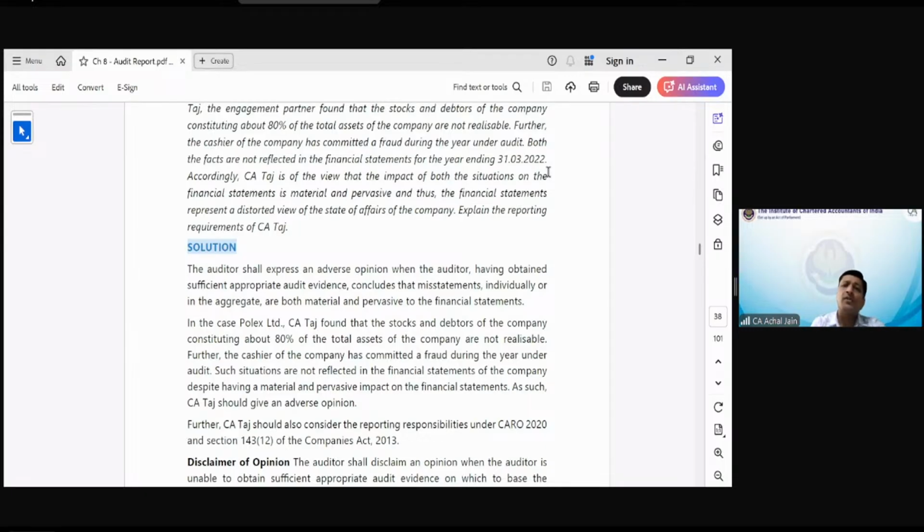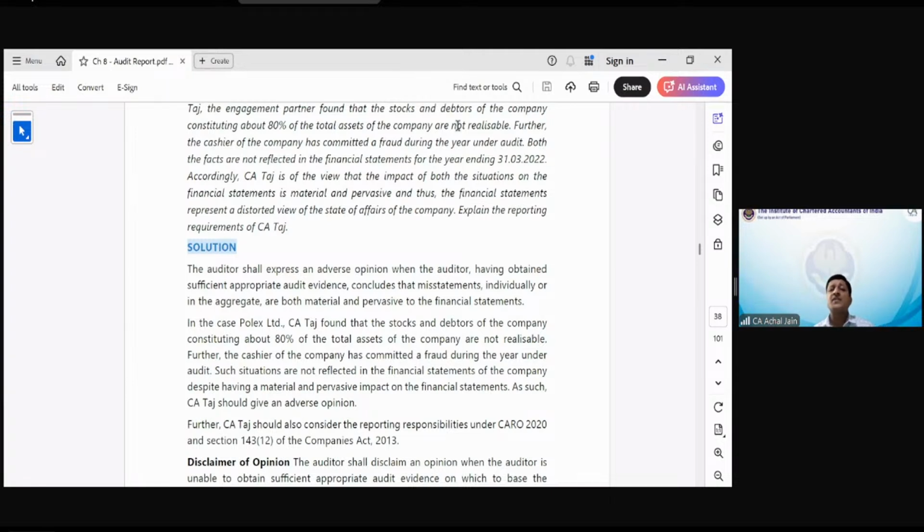But if the question is already giving you that, you just need to get on to the reporting, the type of modification. If the modification is required or not. If the modification is required, whether it will be qualified or adverse or disclaimer. That's it. Because these are the three things that we have. Correct?